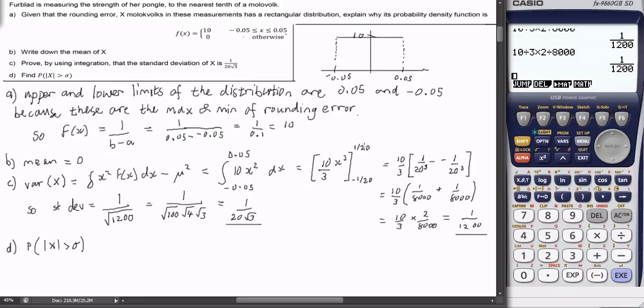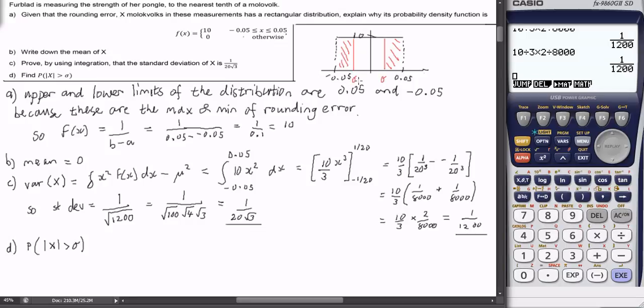I'm just going to put this on my diagram. So we've got a value x, and we're asked to find that its absolute value, so that means irrespective of whether it's negative, is greater than the standard deviation, where the standard deviation is here.